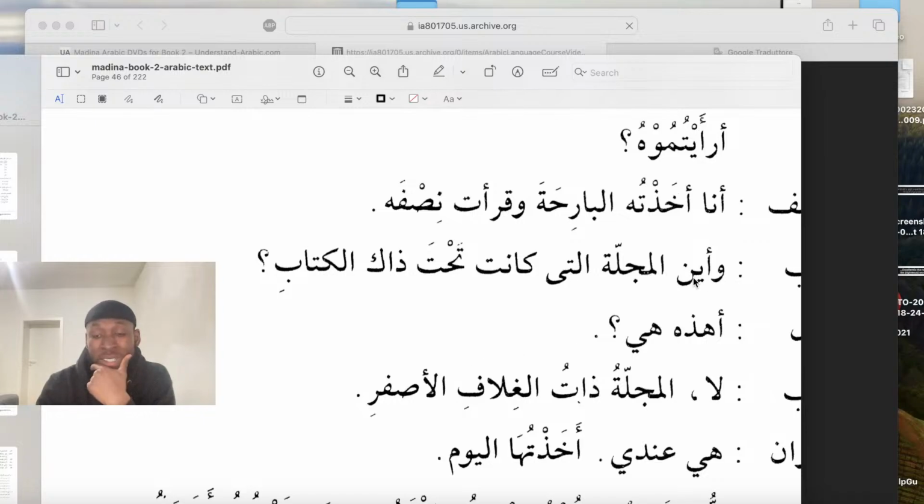So أين, المجلة, مجلة is mubtada, التي is ismul mawsul, also a naat for مجلة. And كانت تحت ذاك الكتاب will be the silatul mawsul for التي.